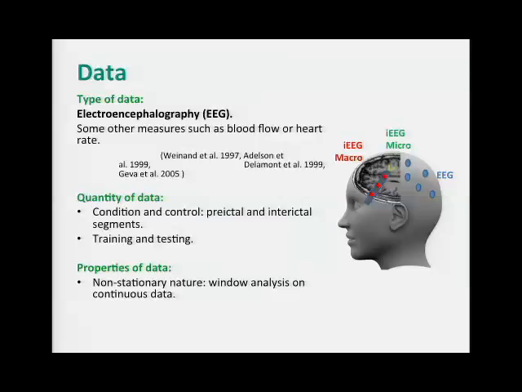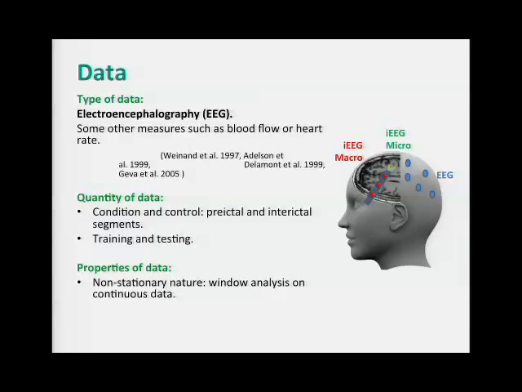Okay, so we talked a little bit about the question. Let's talk now about the data. What type of data should we extract for seizure prediction? Most of the works until here have been based on EEG. The EEG has been the gold standard.